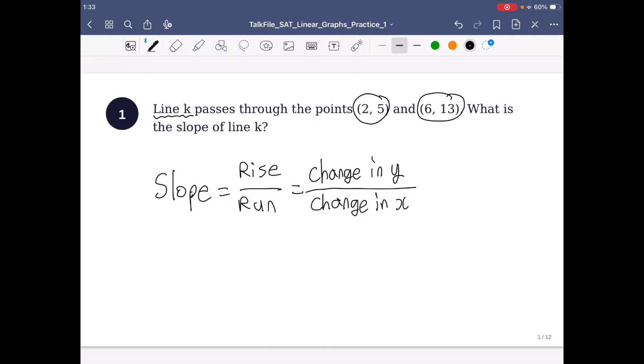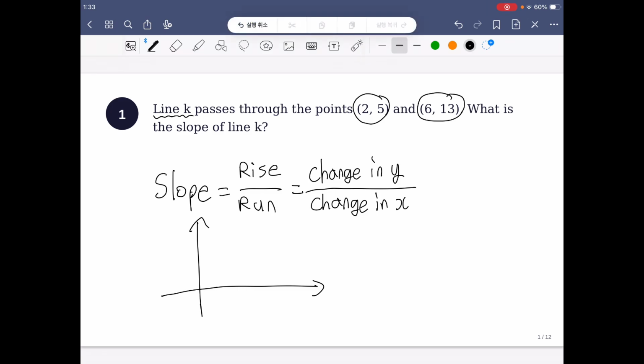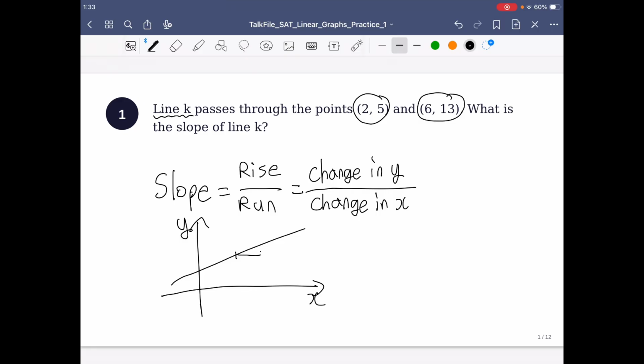We studied the visual representation of this in the last video as well. If you see a line graph, you calculate the change in x from one point to the other point. Let's pick this one and this one.